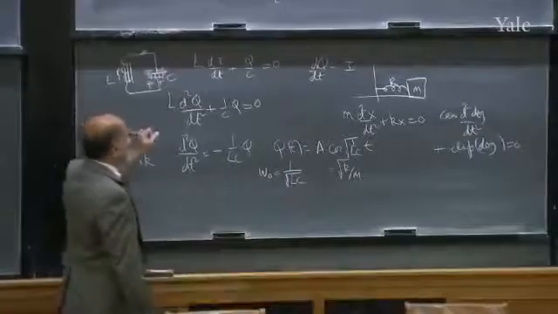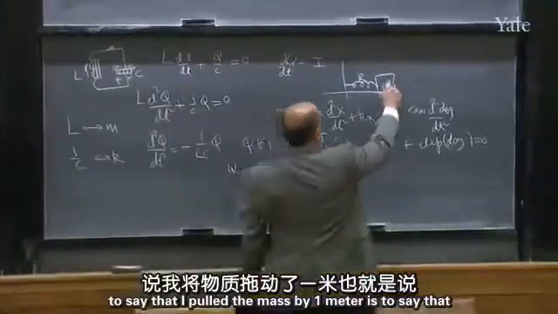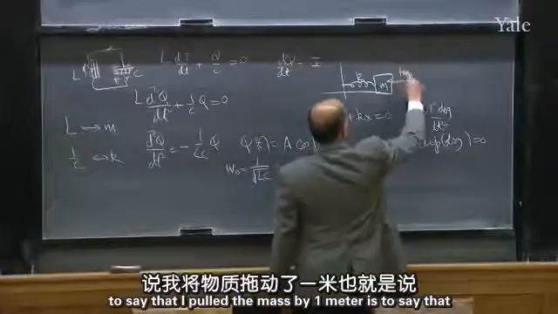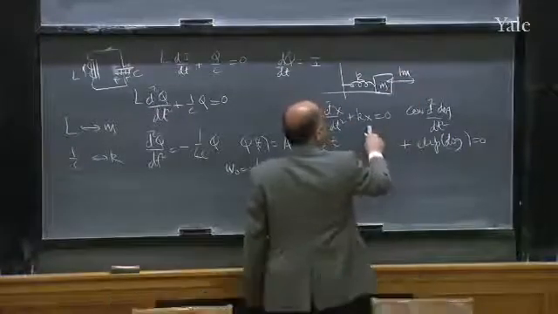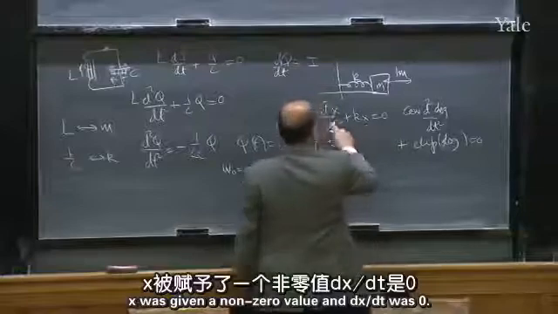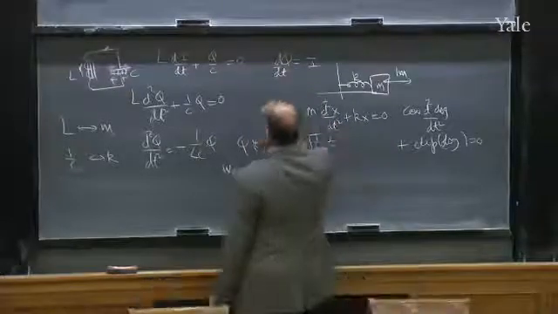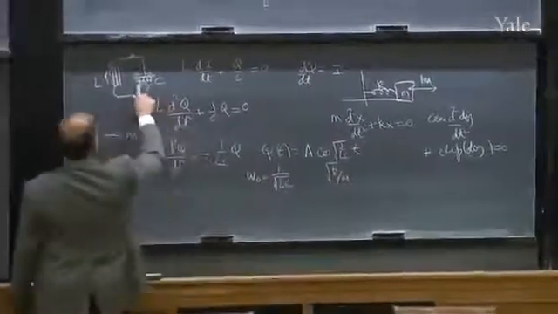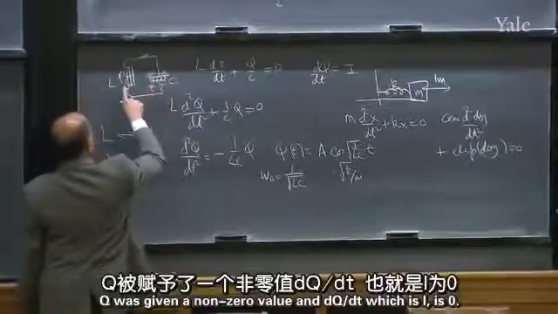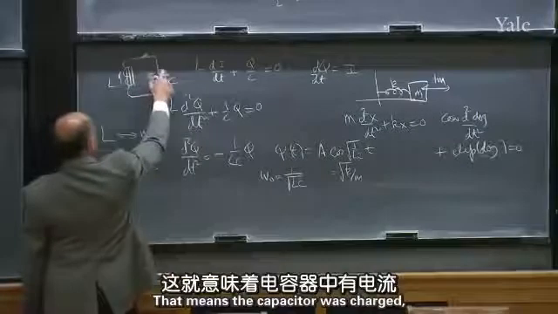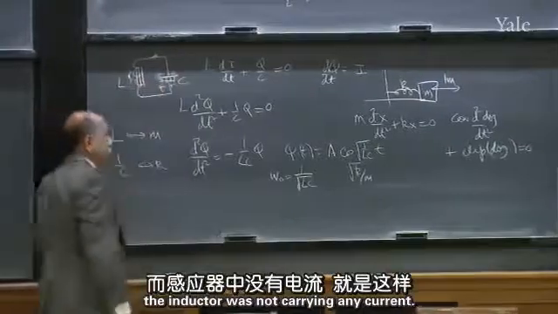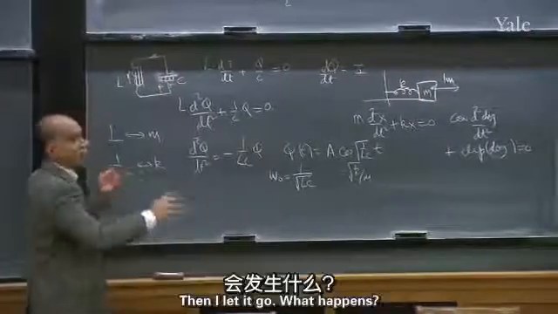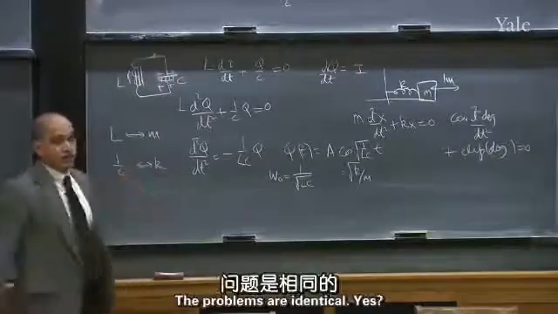For example, to say that I pulled the mass by 1 meter is to say that x was given a non-zero value and dx/dt was 0. The analogous thing here is q was given a non-zero value and dq/dt, which is I, is 0. That means the capacitor was charged, the inductor was not carrying any current. Then I let it go. What happens? The problems are identical.